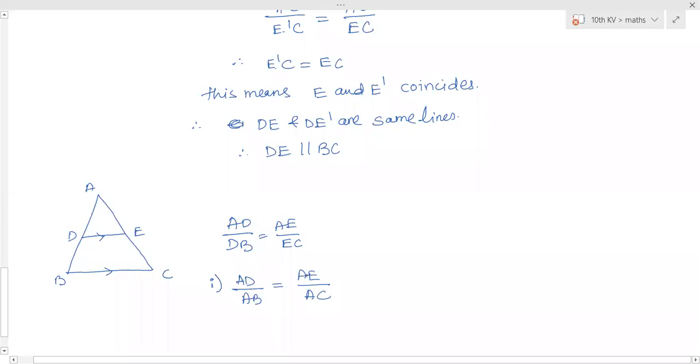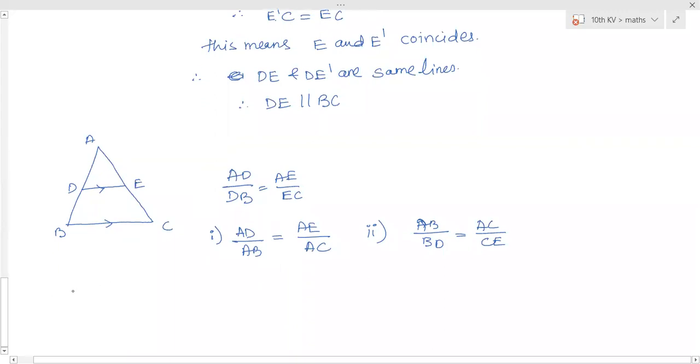AD's corresponding part is AE and AB's corresponding part is AC, therefore AE by AC as well. And the second thing, AB by BD, is equal to AC by CE. Yes, this we can prove as well.